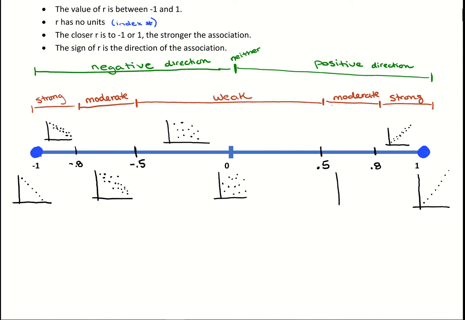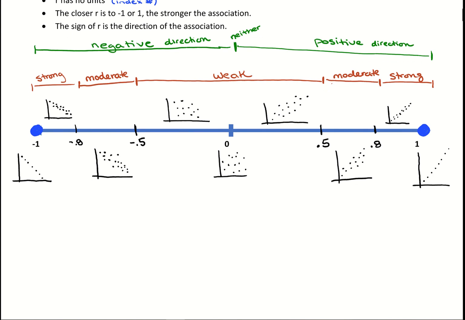And then moderate would bring through a little more scatter, but should still be clearly pretty linear. And then when we get to weak, it'll be kind of all over the place, but still an overall increasing trend.